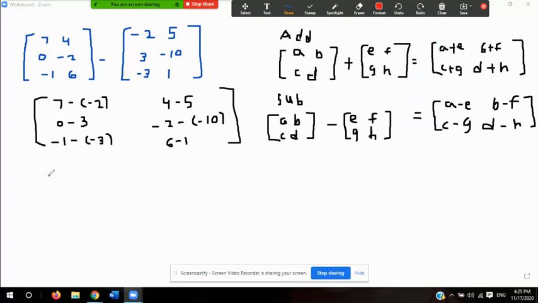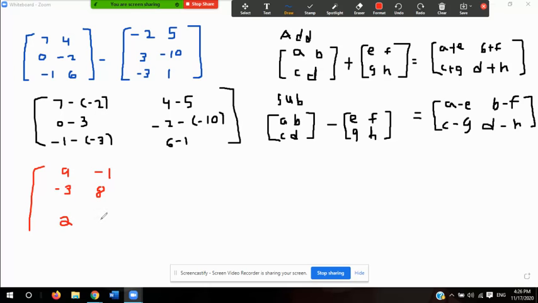So 7 minus -2 is going to be 9. 4 minus 5 is going to be -1. 0 minus 3 is going to be -3. -2 minus -10 is going to turn into -2 plus 10, which is going to be 8. -1 minus -3 is going to turn into -1 plus 3, and -1 plus 3 is +2.